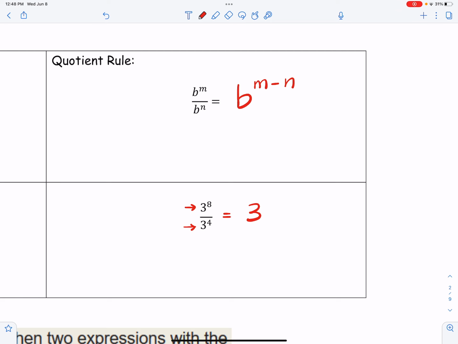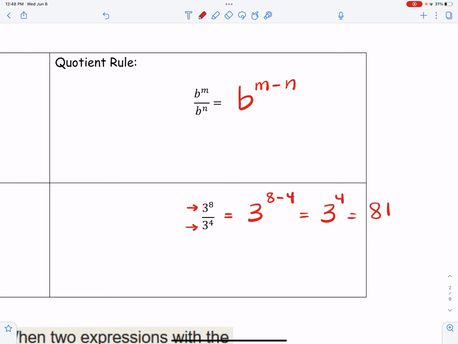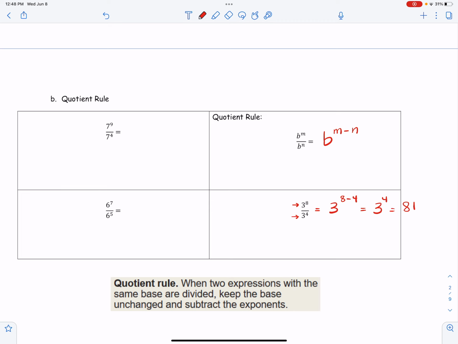Keep the common base, and when you are dividing, you just subtract your exponents. So this would become 3 to the 4th power. And again, I can use my calculator here to go ahead and evaluate that. 3 to the 4th power tells me this is going to equal 81. All right, so that's our quotient rule.